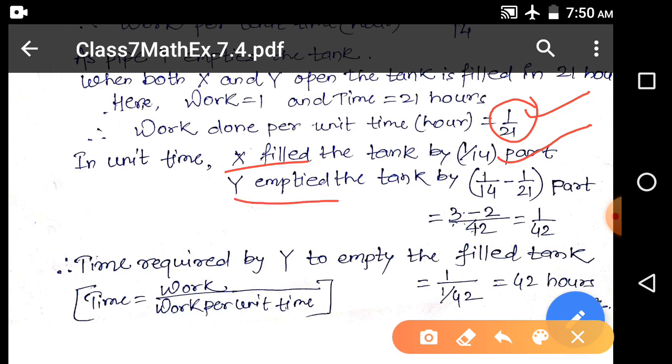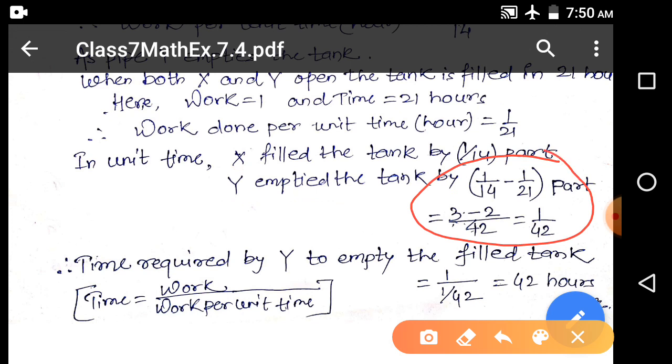See, what is filled by X is 1 by 14 and what is left is 1 by 21. So if those are subtracted, then we can get what part is emptied. You all know how to subtract those. After solving this, we will get 1 by 42.